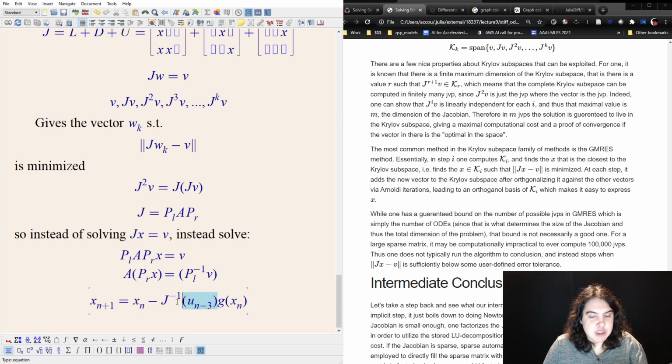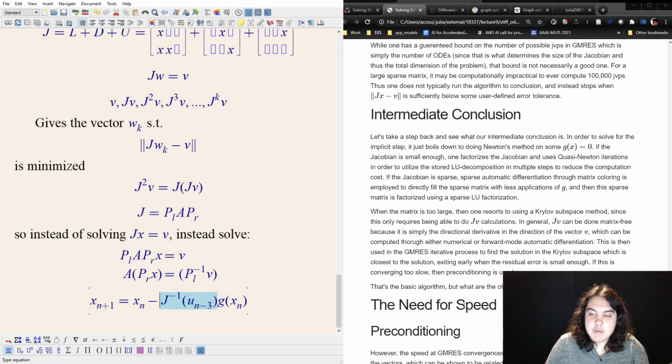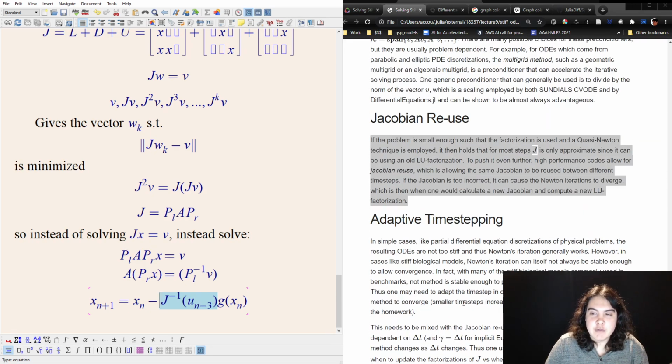If this is too bad, it'll cause divergence in Newton's method, because it can only be perturbed so far away. But if you start to see that your Newton's method is diverging, then you calculate a new Jacobian and you factorize it. So you can keep the same Jacobian for many steps. And this is really one of the tricks utilized in these very fast ODE solvers.